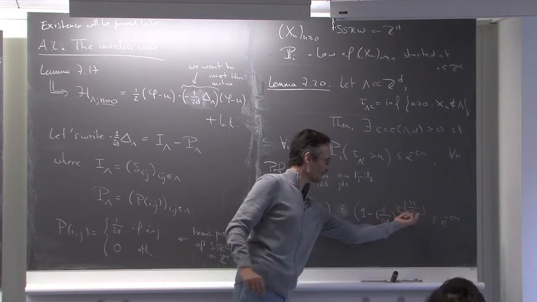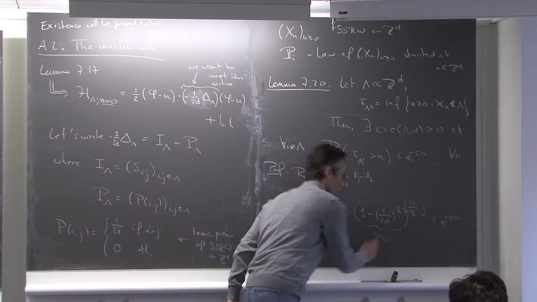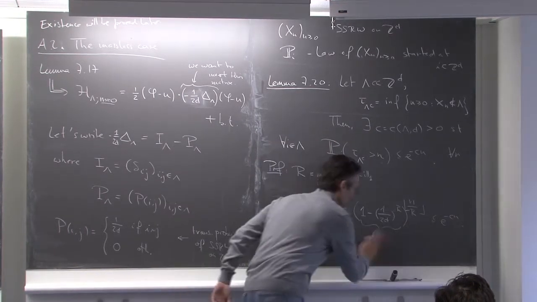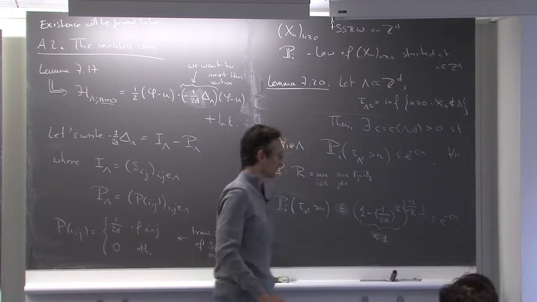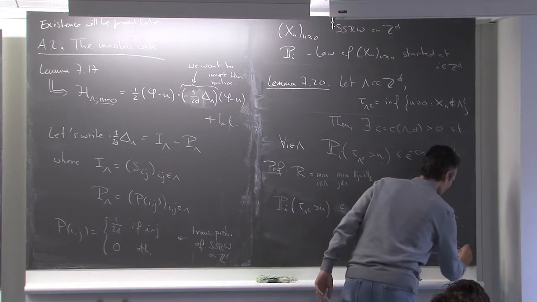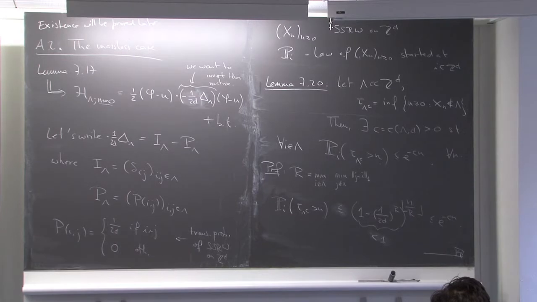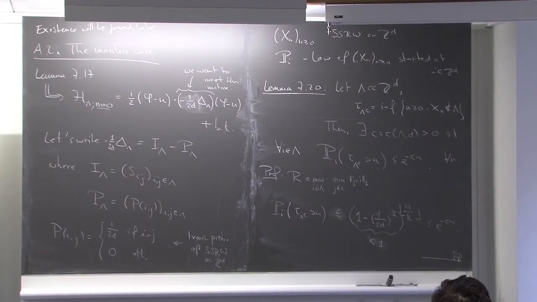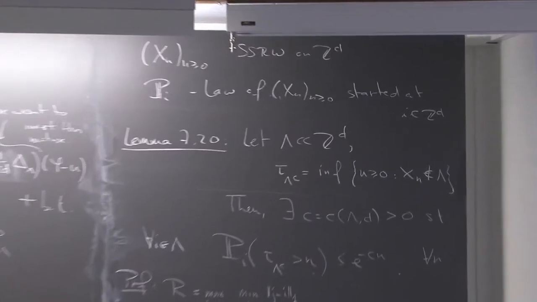For each time interval of length R, I have a strictly positive probability of exiting the box, so this is strictly smaller than 1. That's a trivial estimate, but it will be very useful to us now when we want to invert the Laplacian.